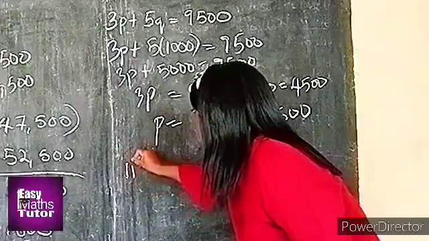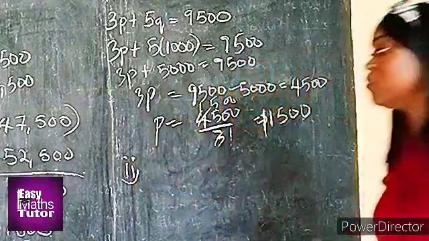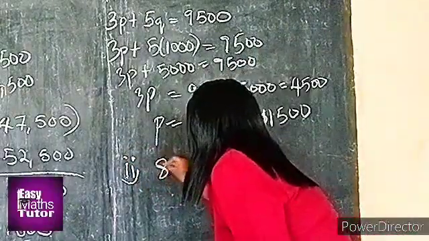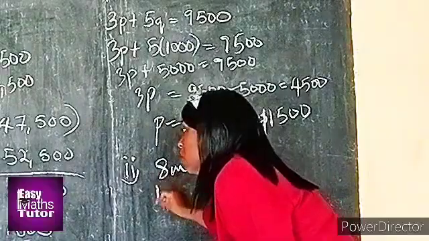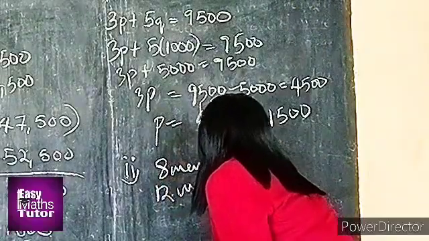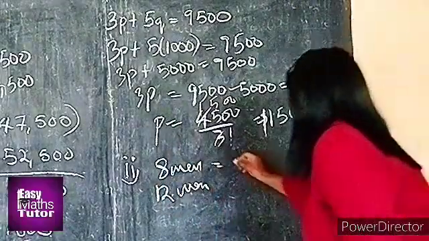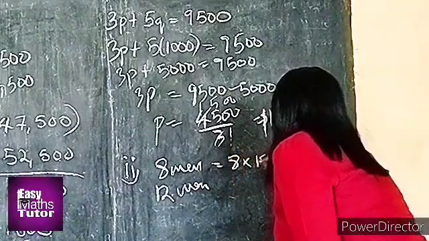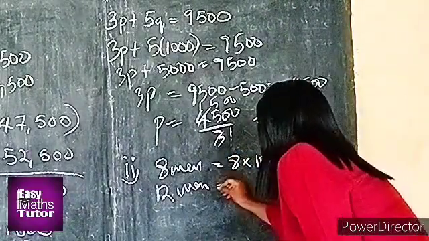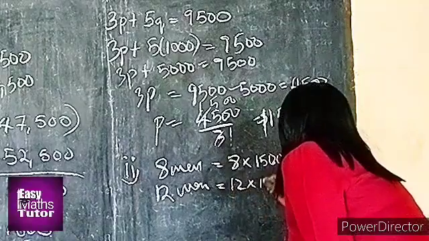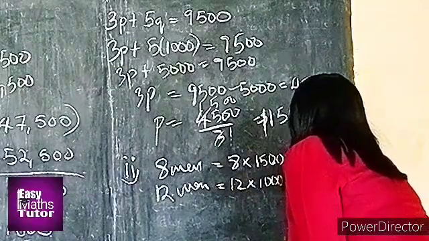Now the second problem says how much will be contributed by 8 men and 12 women. Men will be 8 times 1,500 and women will be 12 times 1,000.